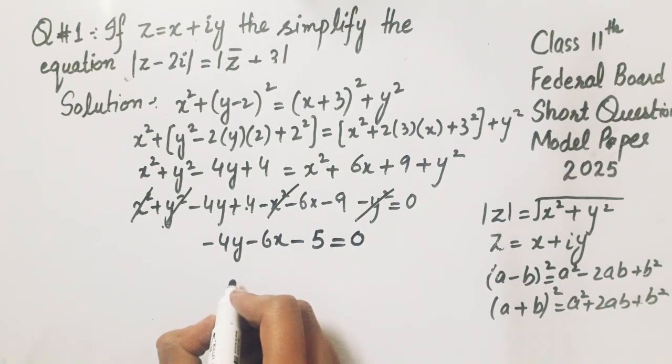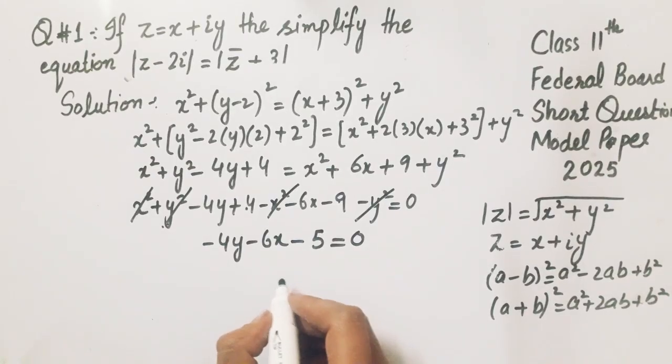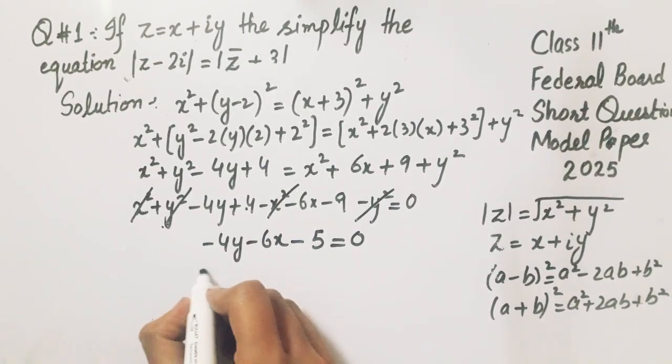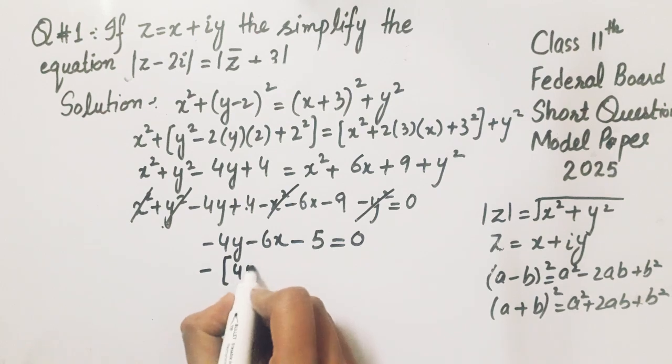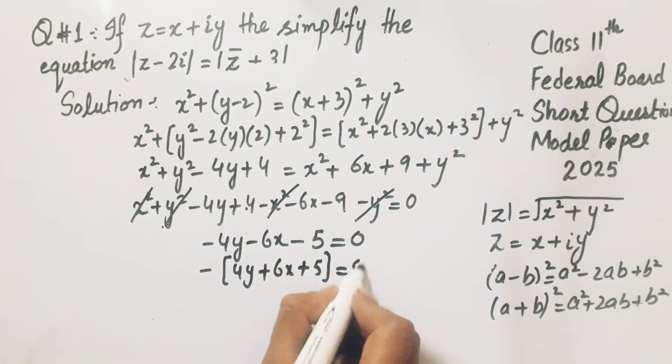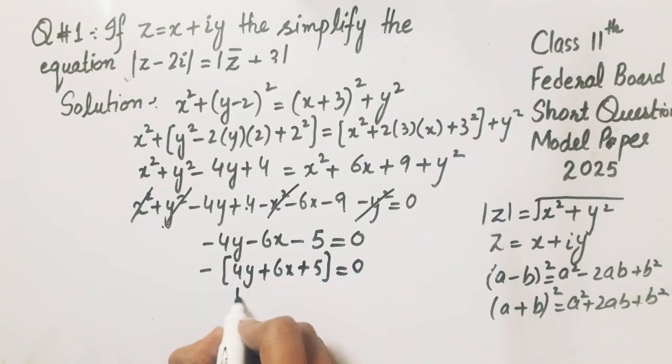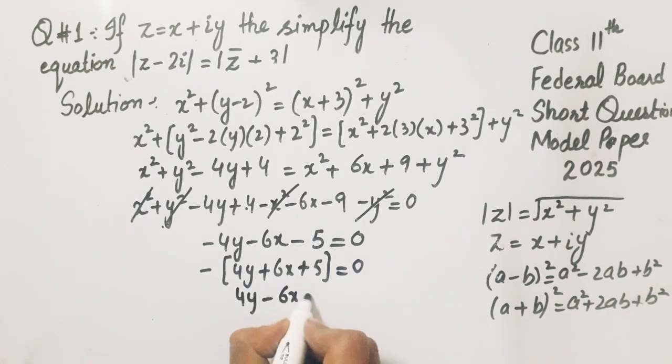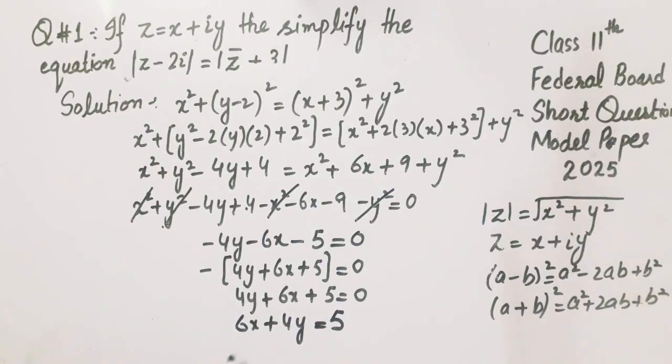Now, by taking the minus as common, remaining is 4y plus 6x plus 5 is equal to 0. Then this will become 4y plus 6x plus 5 is equal to 0. Now we will write 6x plus 4y is equal to 5. This is the answer of this question.